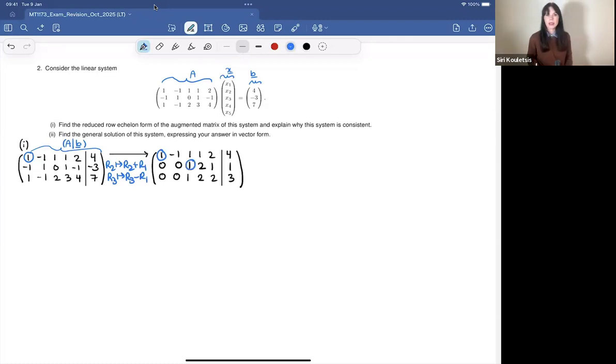Now we see here that we have a leading 1 in row 2. And so now we want to create zeros above and below this leading 1 as we make our way to the reduced row echelon form. So we keep row 2 fixed. We see that if row 1 goes to row 1 minus row 2, and row 3 goes to row 3 minus row 2, then we're going to get zeros above and below the second leading 1.